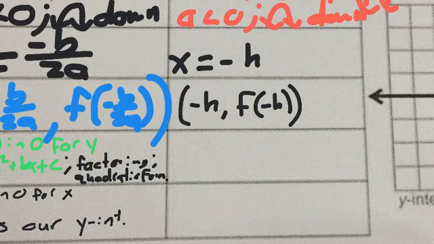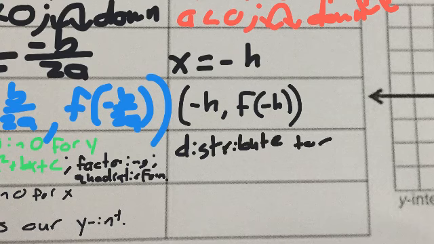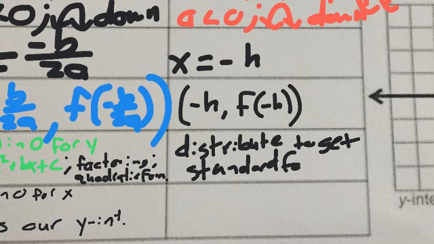If I was given vertex form and I had to find my x-intercepts, I would distribute it. I would make it into standard form. So I would distribute to get standard form, and then I would do the same thing. So we normally do not like to find x-intercepts from vertex form.